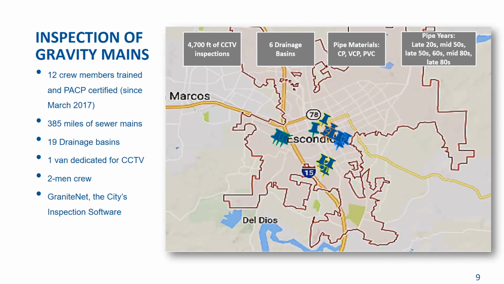I believe at that time we had one van dedicated to performing CCTV, but I believe they're now in the process of getting another one, with a 2-man crew per van responsible for televising the entire system. Now, like I mentioned before, the city's inspection software of choice is GraniteNet, which follows all those NASSCO standards. Actually, it's one of the best products out there for televising.